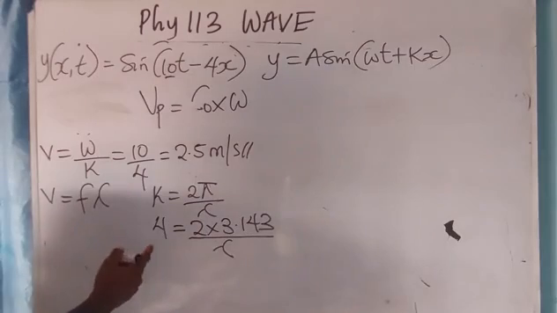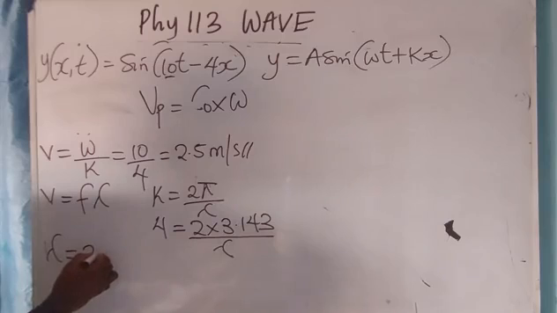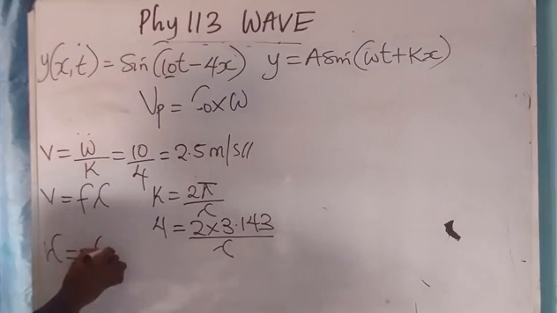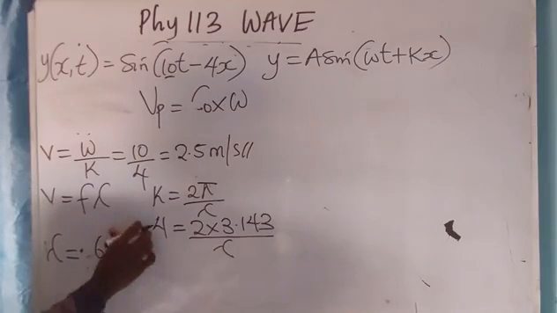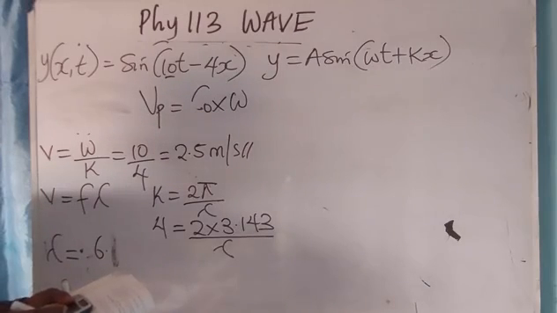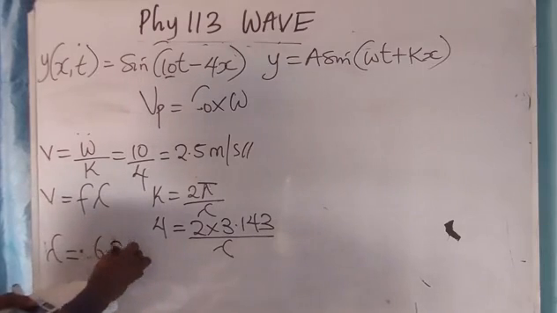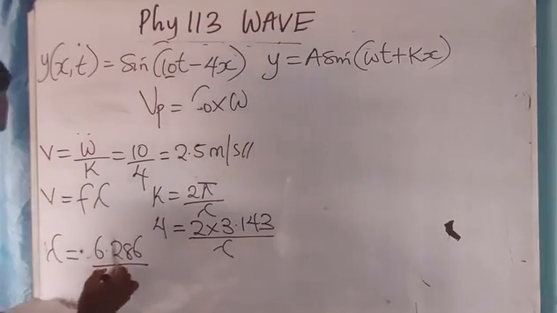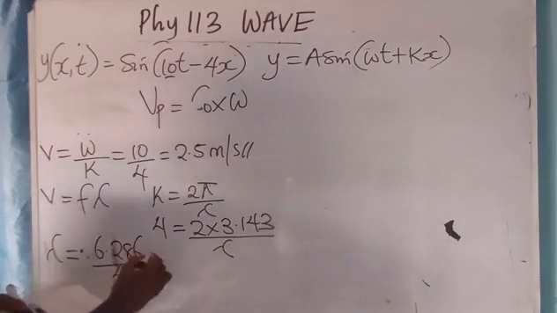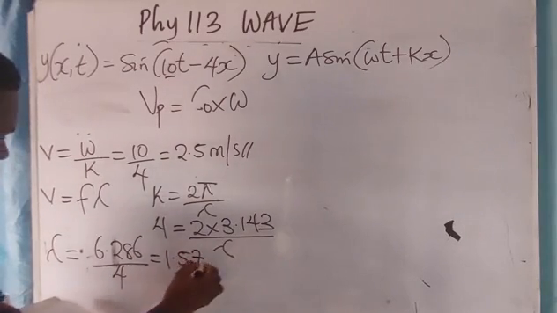So lambda equals 2 times 3.143, which is 6.286, divided by 4, which equals 1.57 meters.